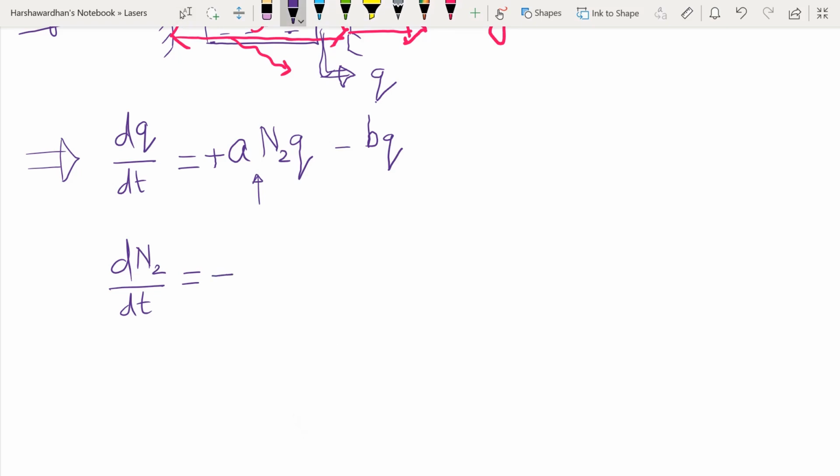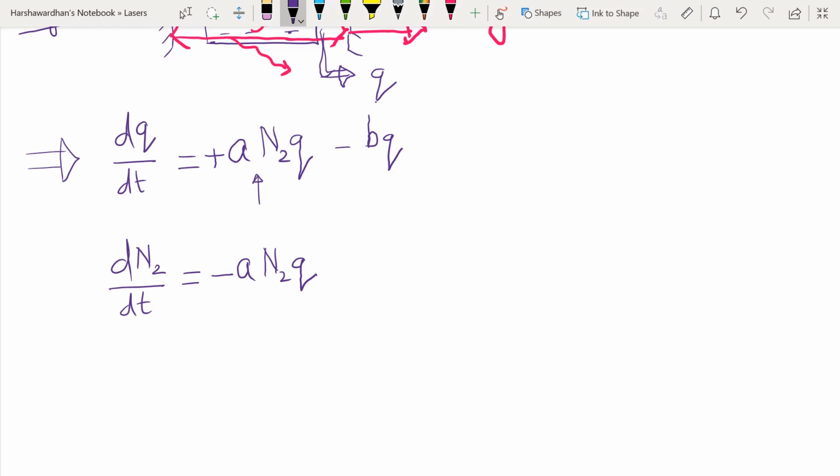So what you have is exactly the opposite term, which is the same coefficient A times N2 times Q. This is the loss of atoms in the excited state due to stimulated emission.